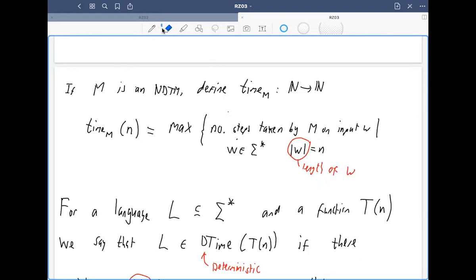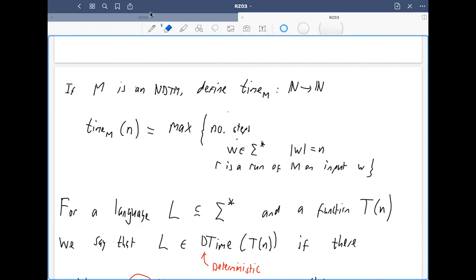So taking the maximum over all input words W of length n, and let's even have a word R, R is a run of the non-deterministic M on input W. So we want to take the maximum over all input words of length n and all runs on the input word W of the number of steps in the run R.